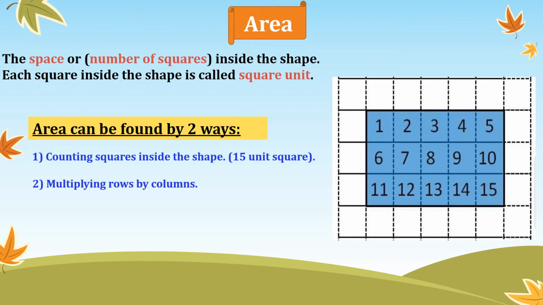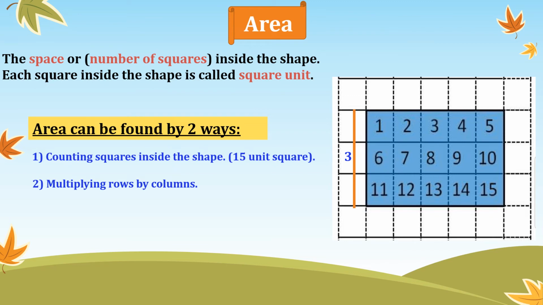Number 2, we can find the area by multiplying rows by columns. If we consider this rectangle like an array, we can find the area, or the total number of squares, by multiplying rows and columns. How many rows here? 3.